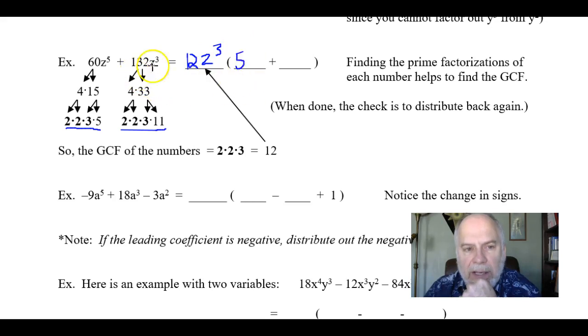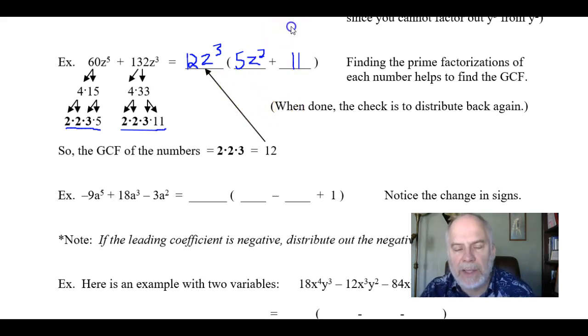And I take 3 z's away from 5 z's, and I have 2 z's, so 5z squared. And then if I divide 132z to the 3rd by 12z to the 3rd, well, I would just get 11 because the z's would disappear.